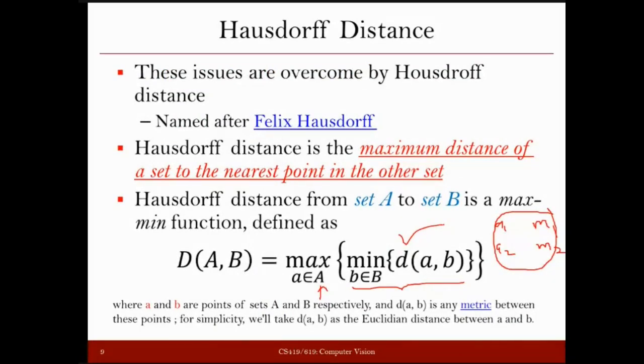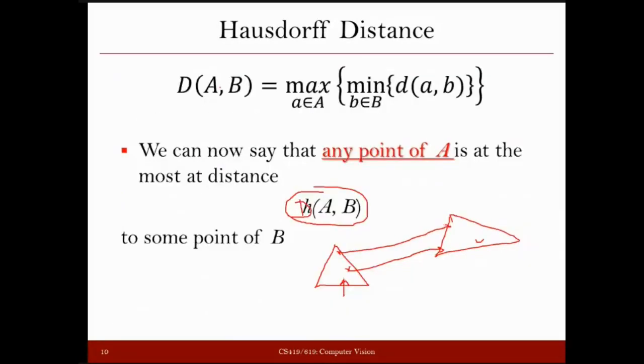And one more thing we can notice here: when we compare shape A to B, we consider points from A and compare them with B, compute the minimum, and then overall compute the maximum. But if you compute the distance between B and A, you will see that the placement of A and B in this formula changes.